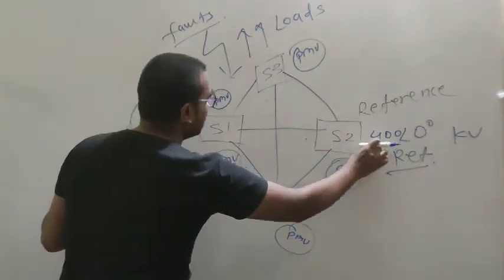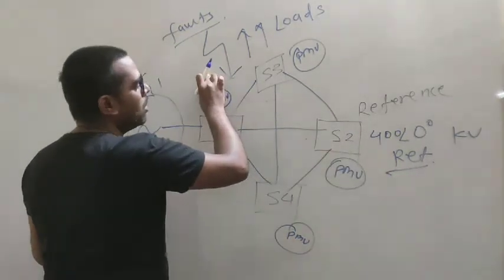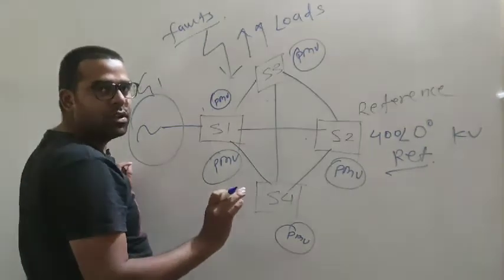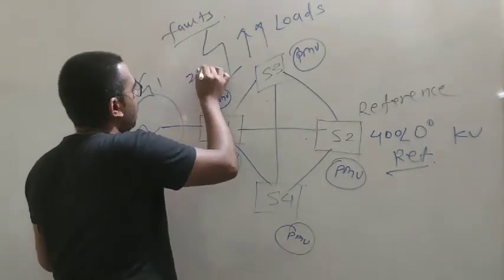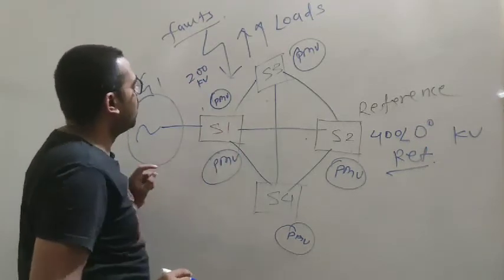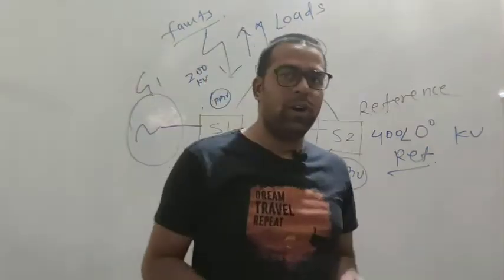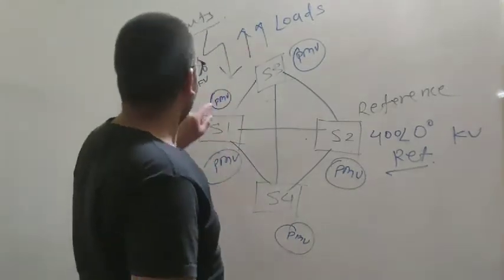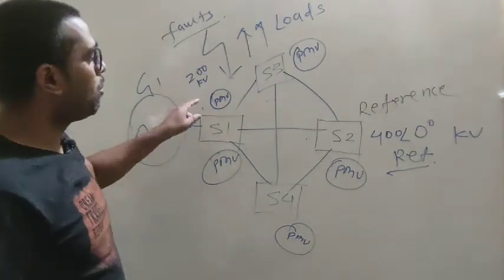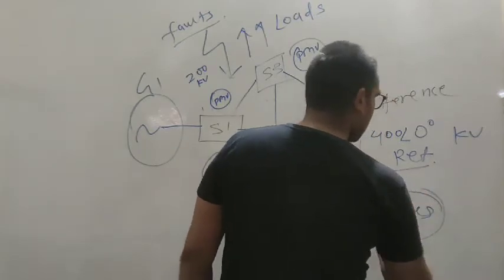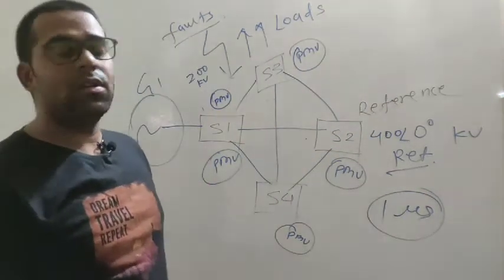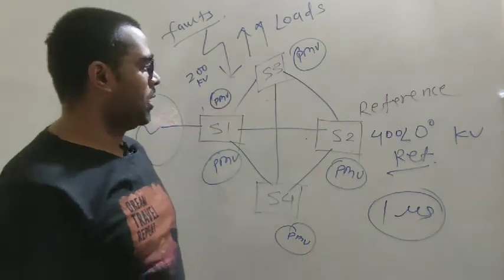According to the reference, it should be 400 at an angle of 0 degree, and assume that we got around 200 kV. The voltage went to around 200 kV. Within 1 microsecond, the fault will be detected.